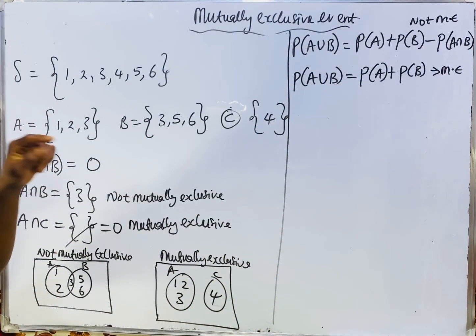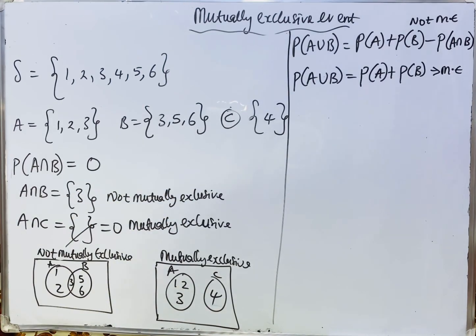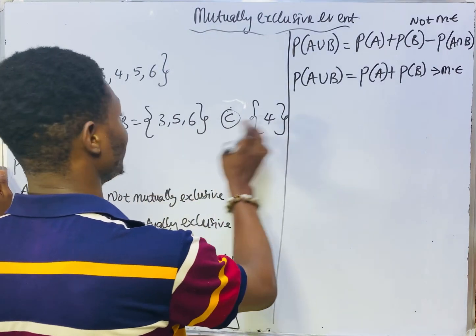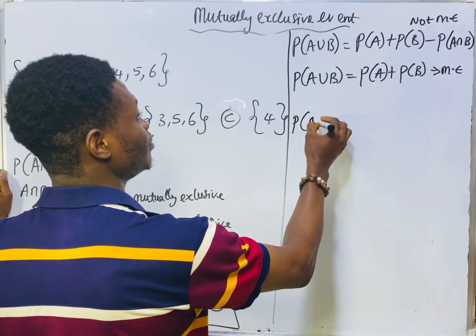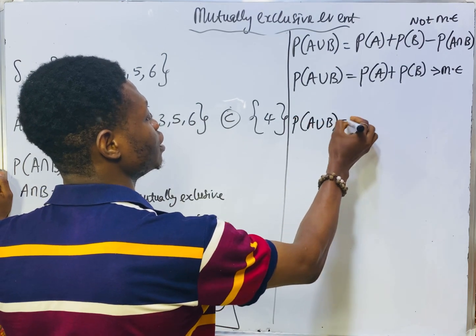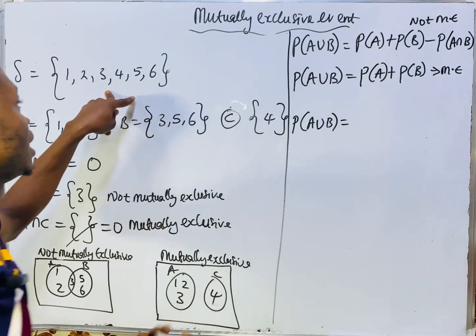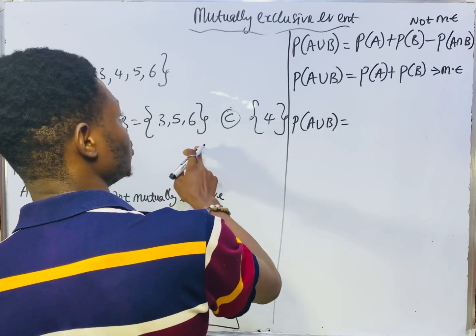Now, for example, I want to find whether this one is mutually exclusive, or from this thing I wrote here, I have the formula: probability of A union B is equal to probability of A. And probability of A is what?